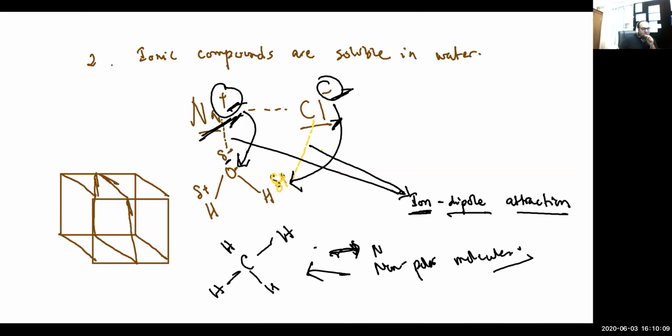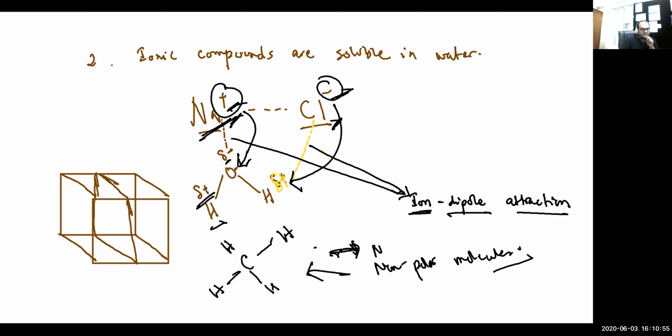Sir, would you please explain it once again? Okay. Whose question? Mine, Wasima. Okay. So have you understood that sodium has a positive charge? Yes. Have you understood chloride has a negative charge? Yes. Have you understood that hydrogen has a partially positive charge?